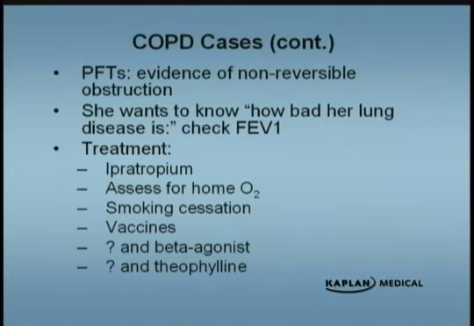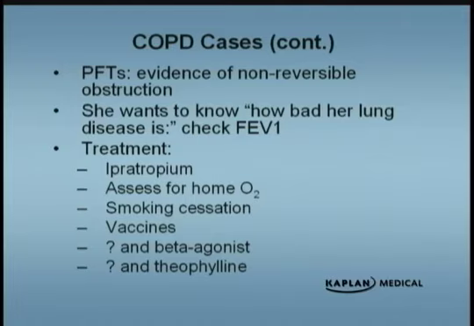And then, of course, I forgot to tell you about the vaccines. She has to get the vaccines. The basic vaccines are the pneumococcal vaccine every 5 years or once in a lifetime, and then the influenza vaccine every year. The Haemophilus influenzae vaccine, most of these patients have received already, but that's the third one you have to make sure she gets. And then a couple questions about using a beta agonist.